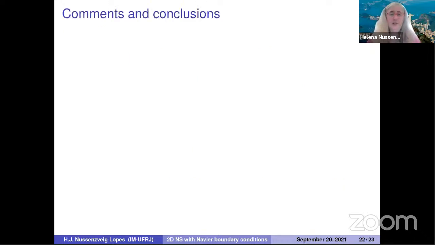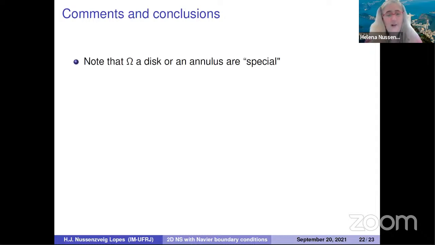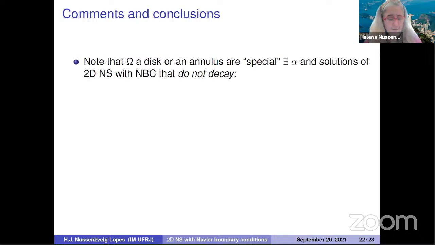Okay, so I'm going to wrap up with a couple of comments and conclusions. First of all, note that the disk and the annulus are somehow special. We can find alpha, namely alpha equals 0, and solutions of 2D Navier-Stokes with Navier boundary conditions that do not decay.